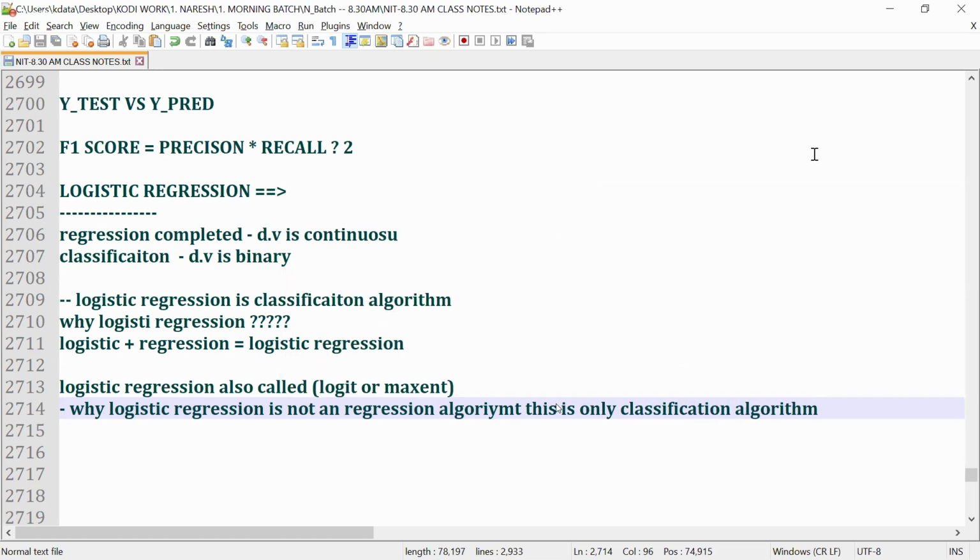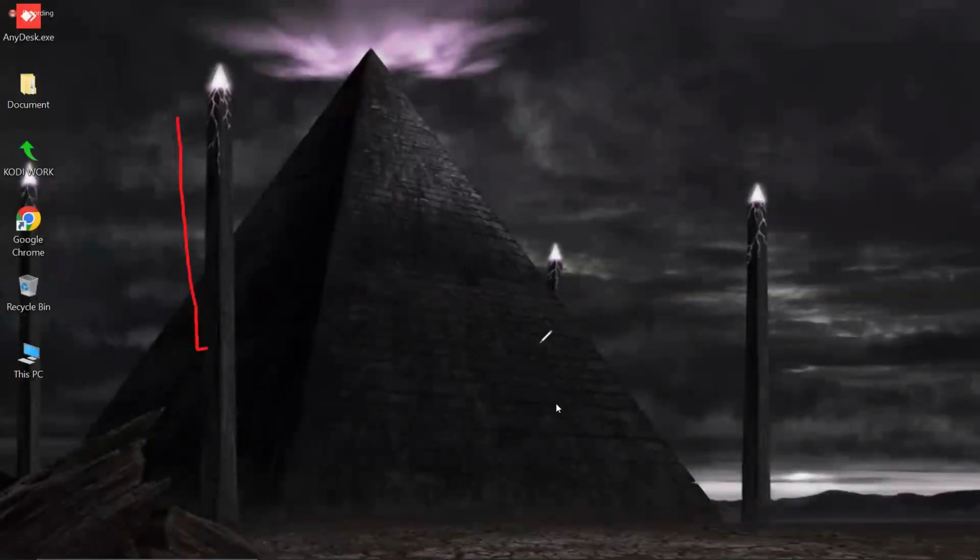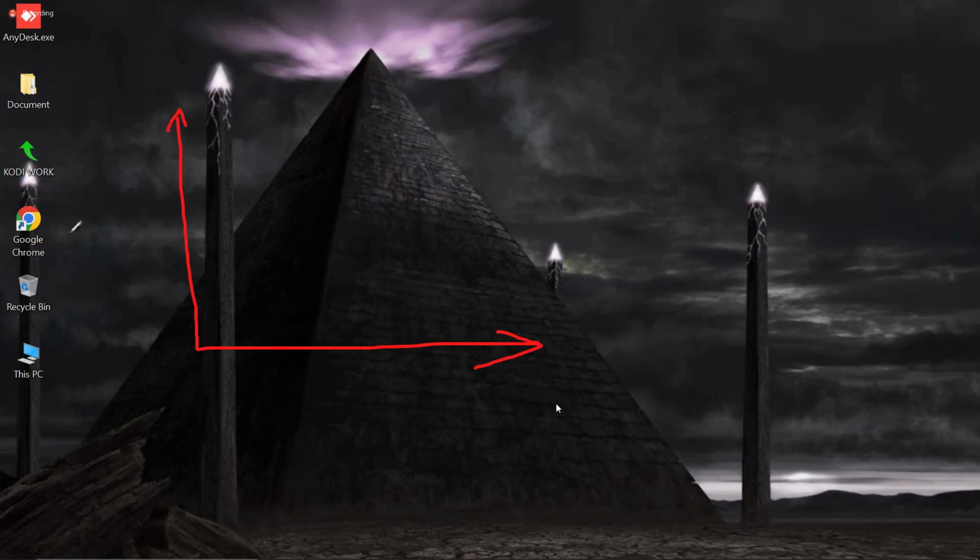Listen to me, and any questions you can ask. Okay. So I'll give you one example. Let's assume, I'll plot points. Here I will write two conditions. The condition is if the patient weight is greater than or equal to 60, predict he's a diabetic patient.